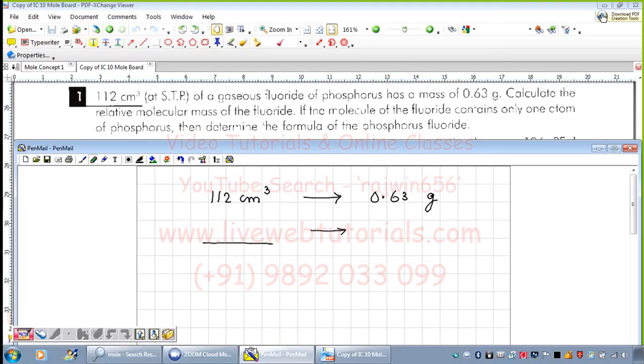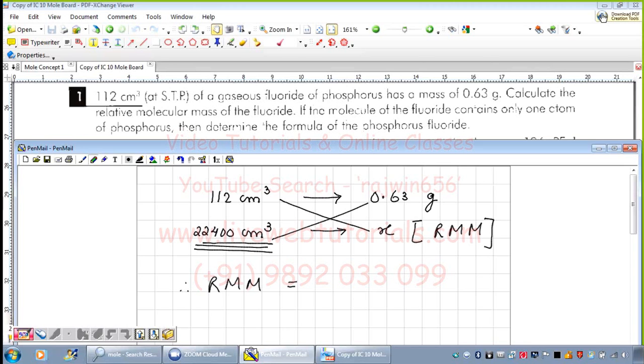So it is going to become 22,400 centimeter cube. This is going to be the molar volume. That's the volume of 1 mole, which is going to be the RMM. Correct? I'm simply going to cross multiply it to get the RMM. Okay? So its RMM directly will become 126.